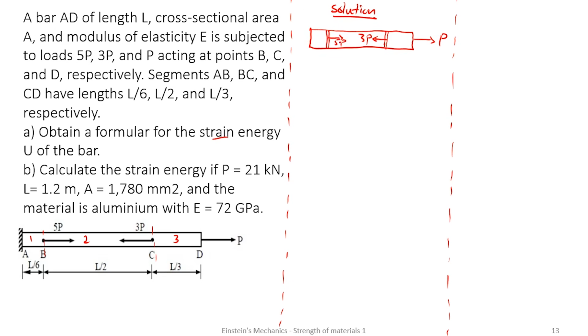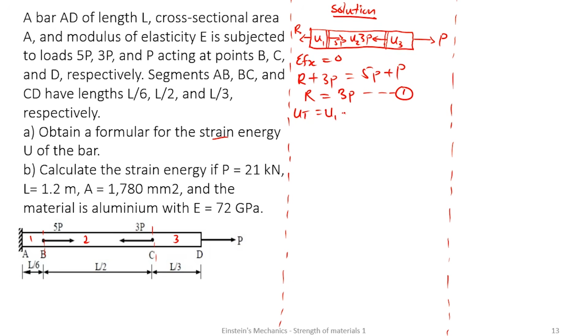So my reaction will move to that end, R. So looking at this diagram, summing forces along the x to be 0, I'm going to get R, which is in direction to 3P, equal to 5P plus the P. So my R is now going to be, this is going to be 6 and this is minus 3. I'm going to get 3P for that. And I know that my total strain energy is going, let's call here U1, call this U2, and call this U3.